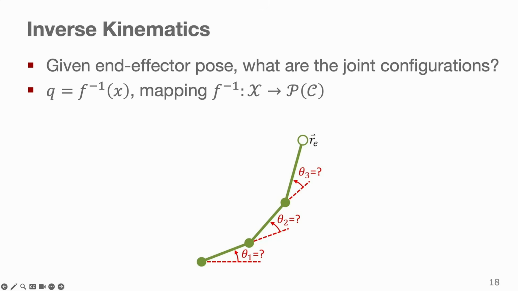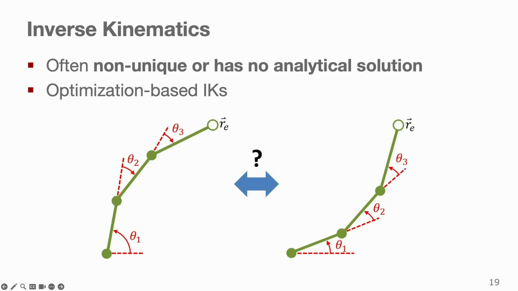All right. As I said, the solutions in inverse kinematics are often non-unique. Here you can see there could be two very different sets of joint angles that lead to the exact same end effector position. This is why for many complex robots there might not be an analytical solution at all.